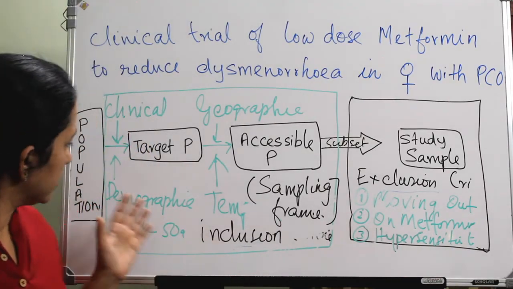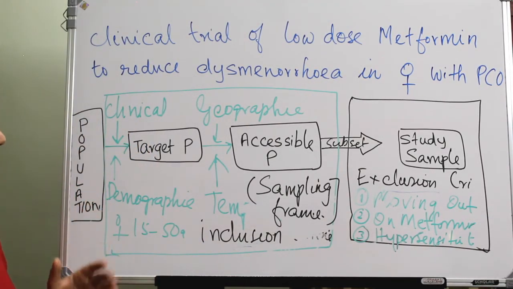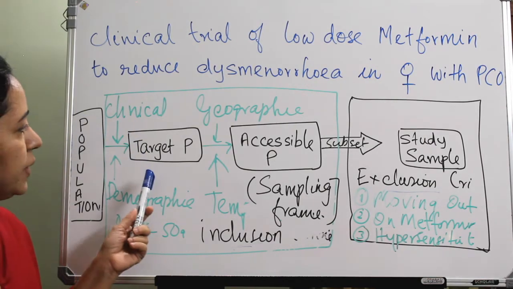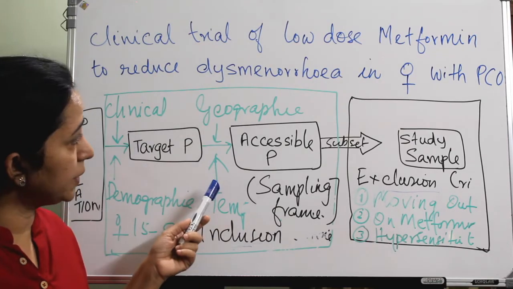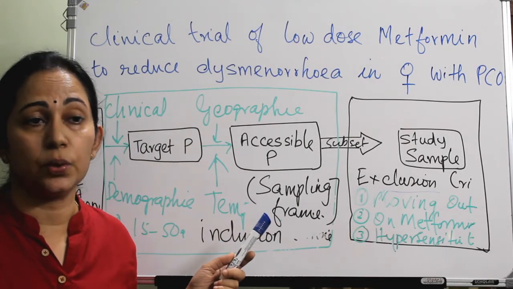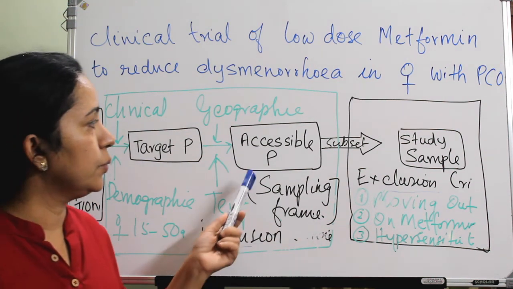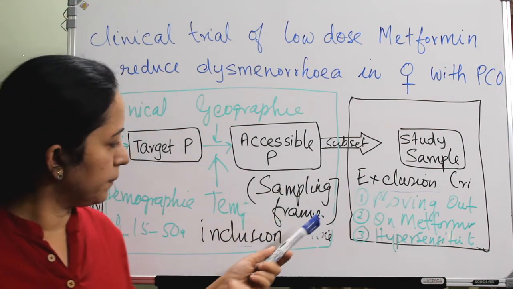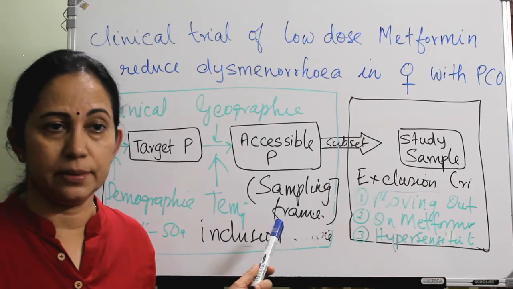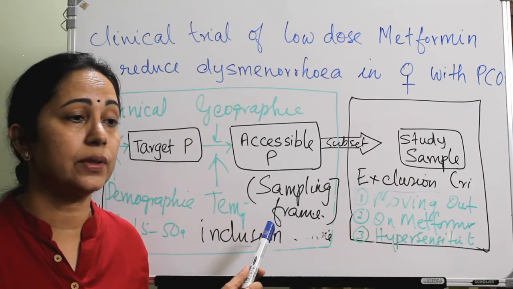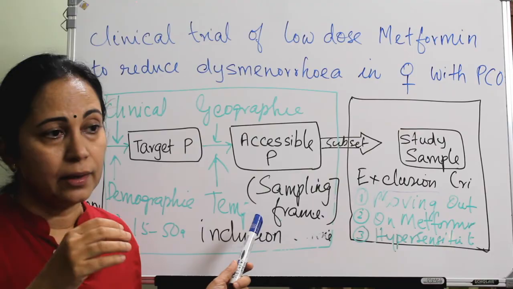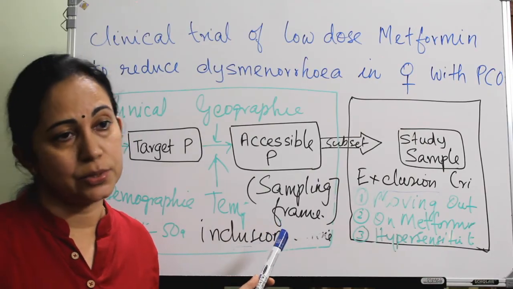So to summarize, you have a population. From that, depending upon your clinical and demographic detail, you specify the target population, and from the target population, depending upon the geographical and temporal association or several criteria, you look for an accessible population, and that is what the inclusion criteria means. That is the main characters of the study sample that will pertain to the research question.